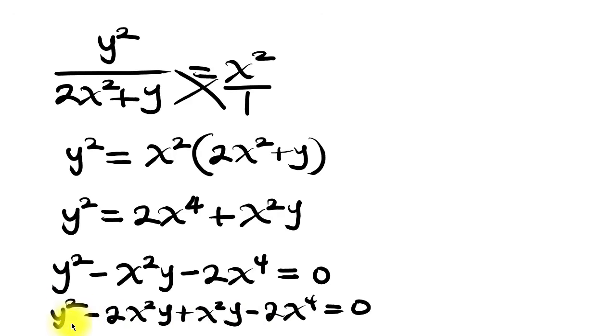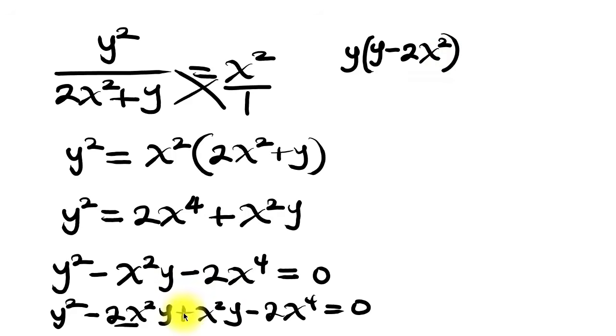Now notice, from these first 2 terms, y is common, so I can factor out y, open bracket. Now y squared divided by y, I have y. Here I have minus 2x squared y divided by y, I have minus 2x squared. Very good.